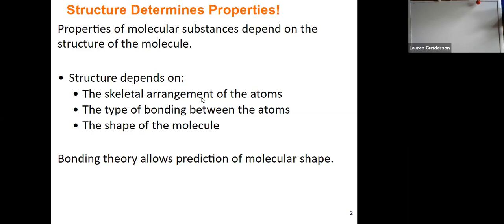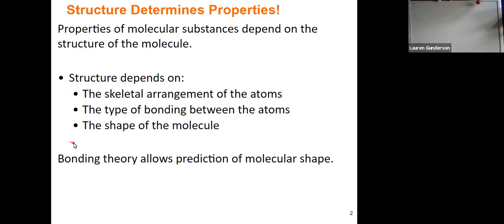So the different shapes of the molecules are going to actually determine how they react with one another, the different functions that they have in the environment, sometimes even in our bodies, okay? I think we've talked about the sodium and the potassium gates, the gated channels. That's an example of this, okay?